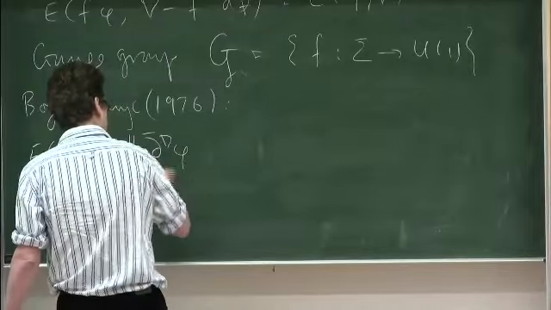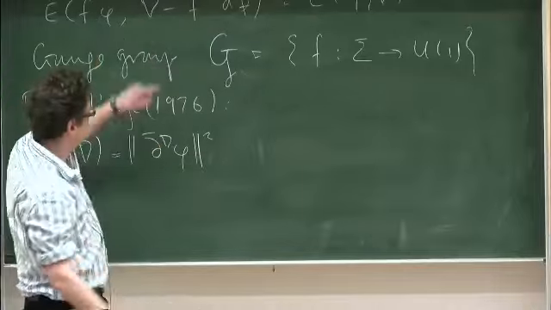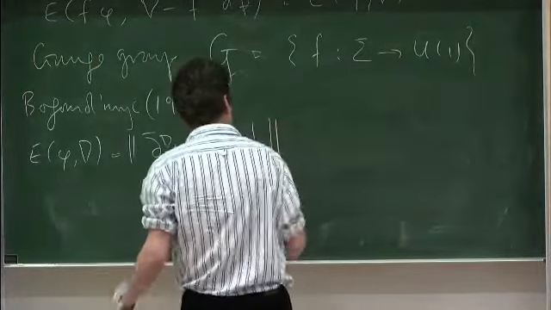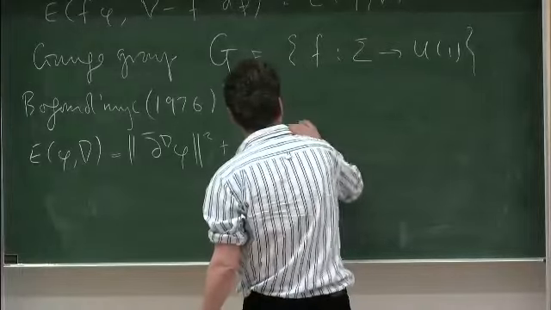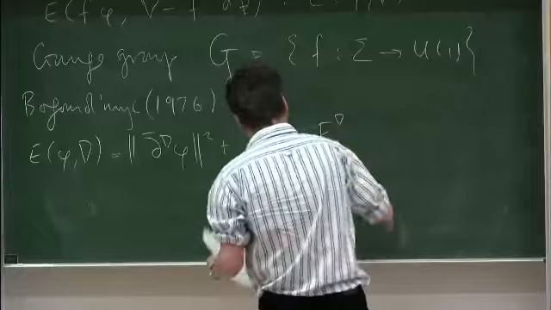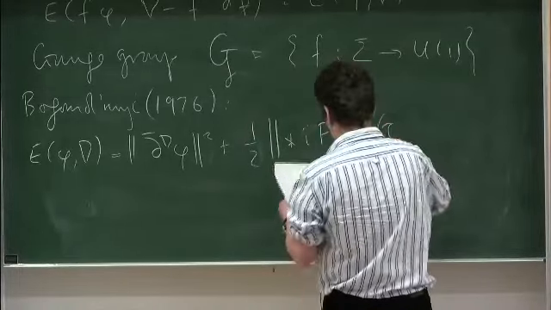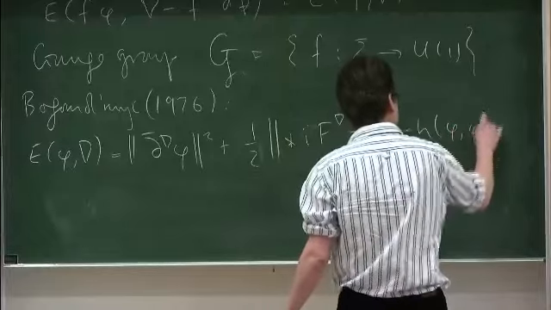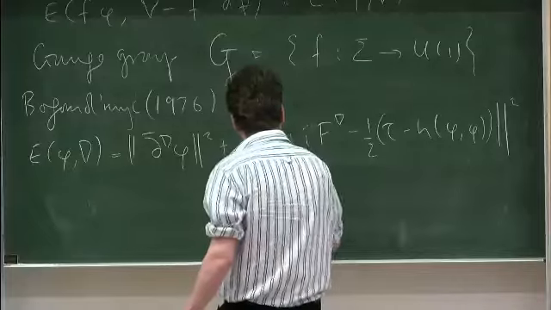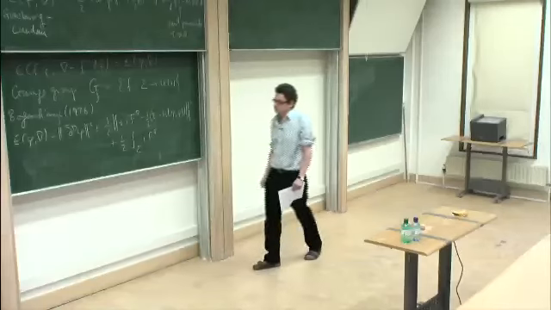So you could take the 0,1 part of the differential of phi and add to it, that's squared, and half the integral over sigma of i times the curvature of your connection.